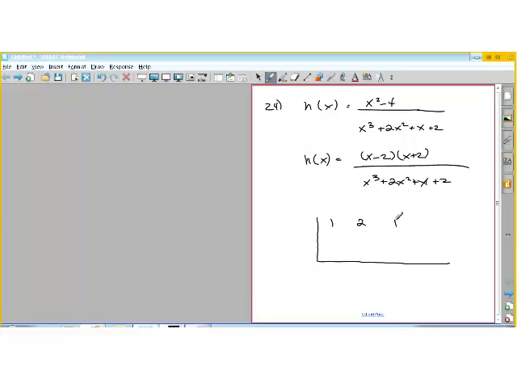So we can use long division to see whether it actually is a factor. We write down the coefficients of the denominator, and I'm going to divide by x plus 2, well, x minus 2, but when you do the synthetic division, you're using x equals 2, which is the 0.